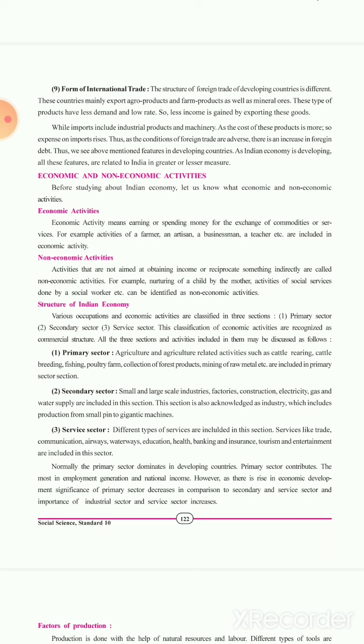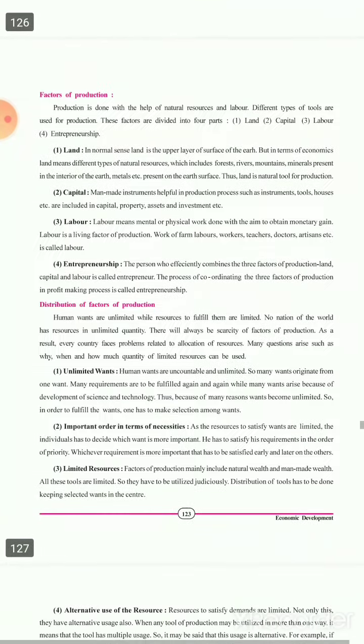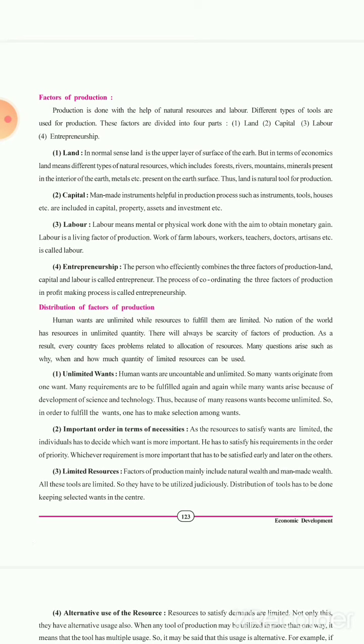Factors of production. There are four factors which are used for production, and they are land, capital, labor, entrepreneurship.